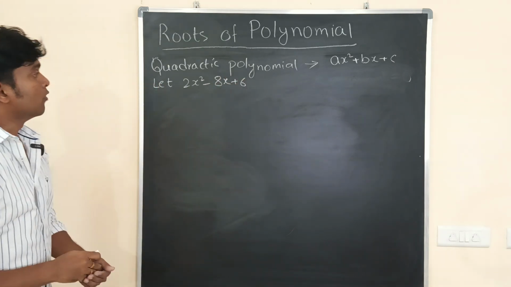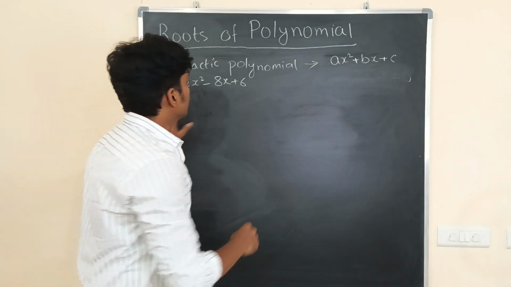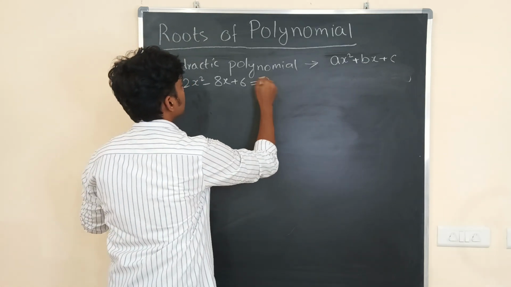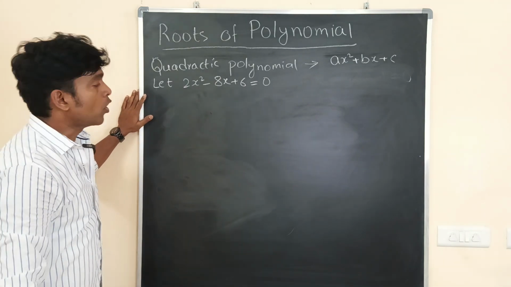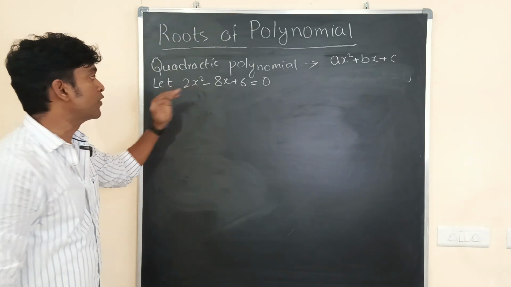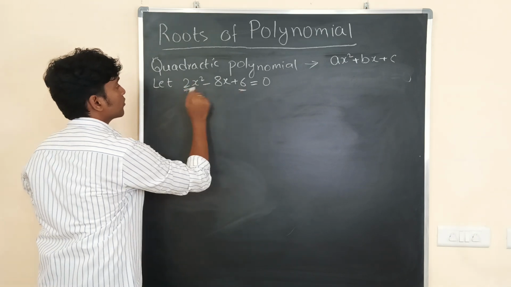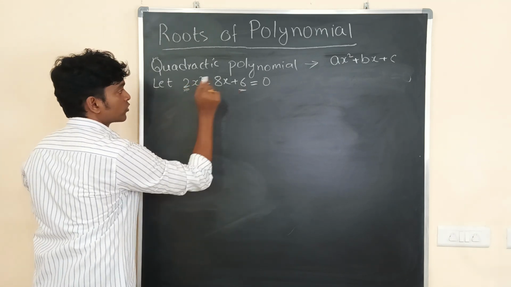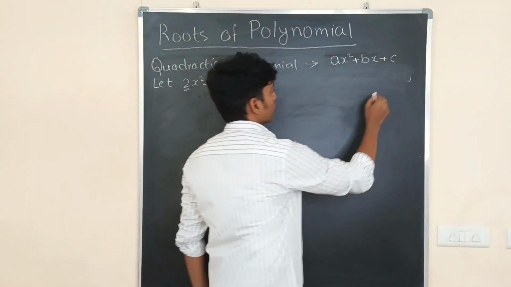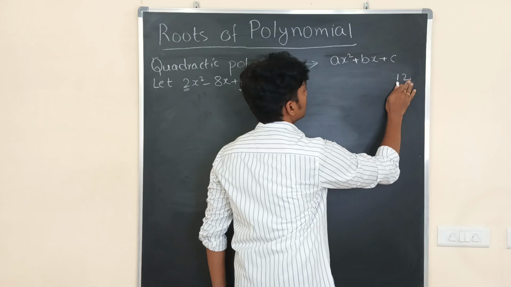Now, to find the roots of this polynomial, we have to equate it to 0. We all know how to solve this one. We have to factorize the equation. For factorization, what will we do? Multiply the coefficient of x square with the constant. What will we get? 12, 2 into 6.